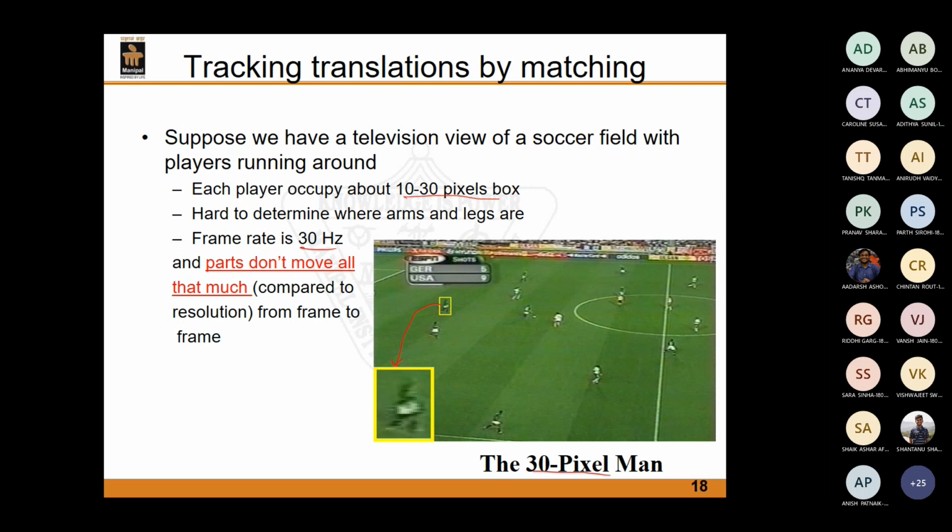Usually, if you are trying to capture the movement of a person, we'll look at the positions of the legs, the movement of the hands, or the position of the hands, and so on, right?